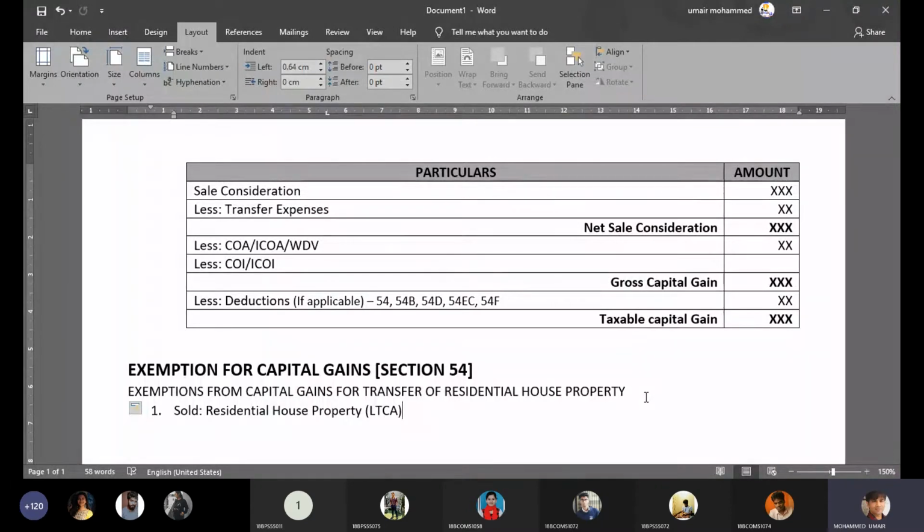So when we say long term, that means the asset transferred, or the asset being sold, should have been held by the assessee for more than 24 months. If he does that, then it becomes a long-term capital asset. So what needs to be sold is residential house property.